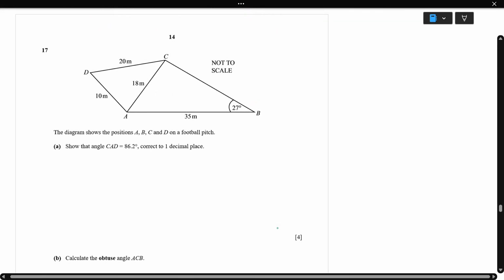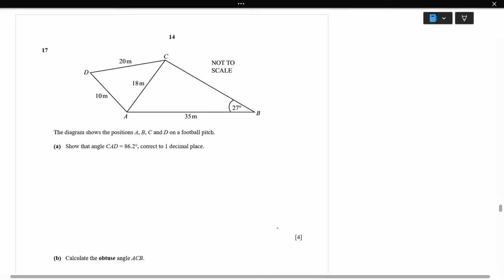Question number 17. The diagram shows the positions A, B, C, D on a football pitch. Show that the angle CAD is 86.2. Okay, we need to prove this.